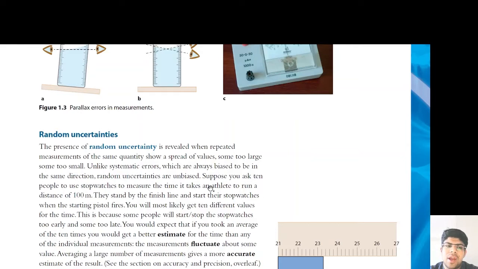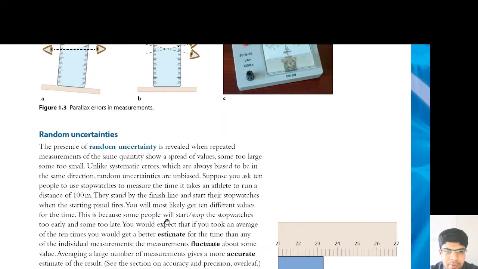They stand by the finish line and start their stopwatches when the starting pistol fires. Then we have many different readings. You will most likely get 10 different values for the time.